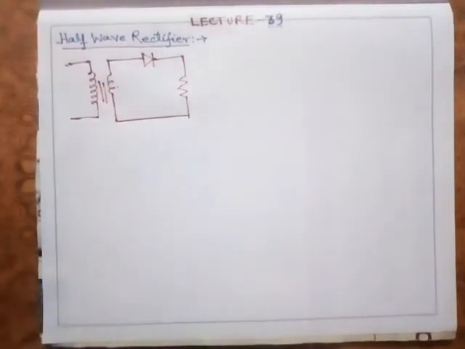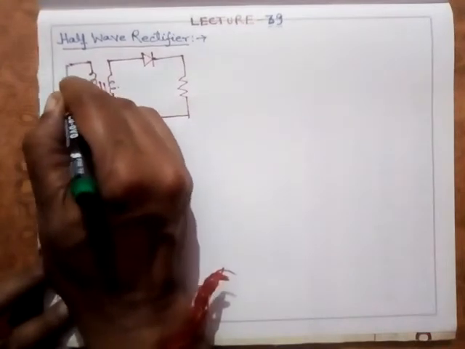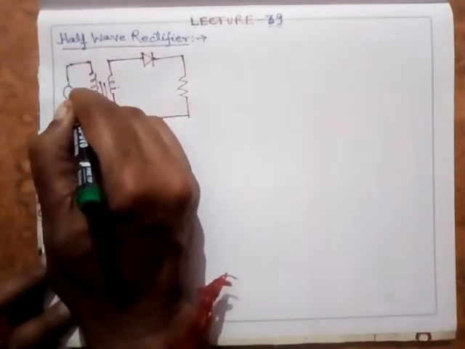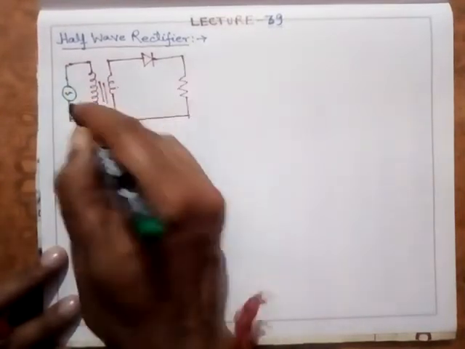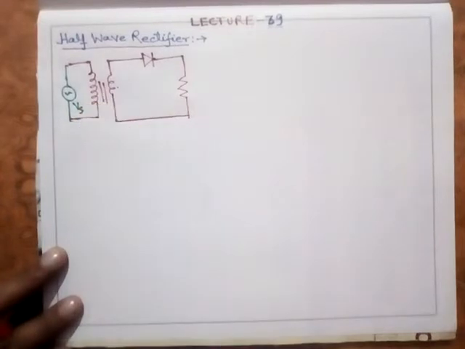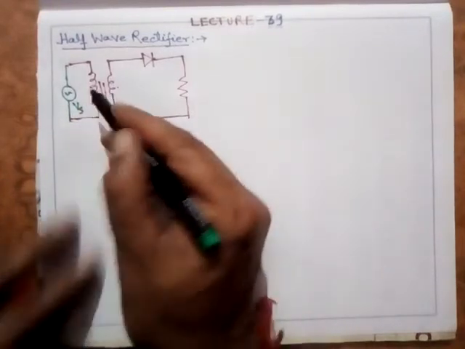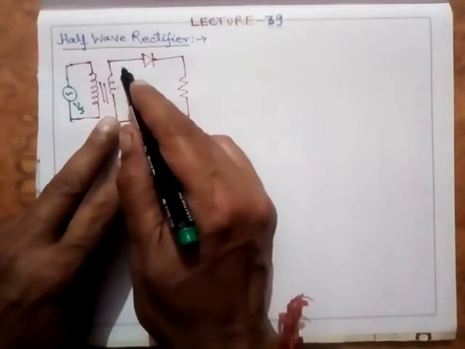Now, suppose the input supplied here is an AC signal. The supply voltage is this, and suppose I name it Vs. Now this voltage is being stepped down. I am assuming a step down transformer; it can be a step up transformer also.